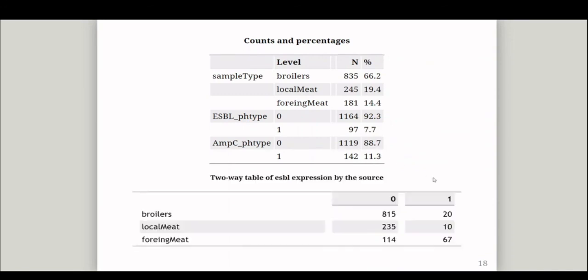A very useful way to summarize data is a two-way table, where we have the negative and positive of ESBL, and we count how many times we got a negative observation for broilers, the times we got it for broilers but positive, and for the rest of the samples.